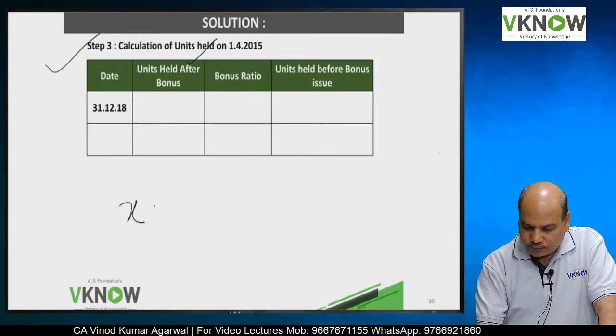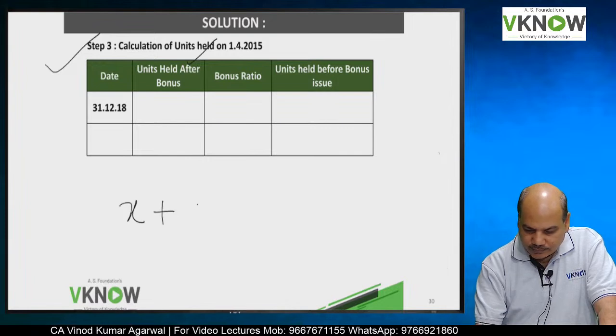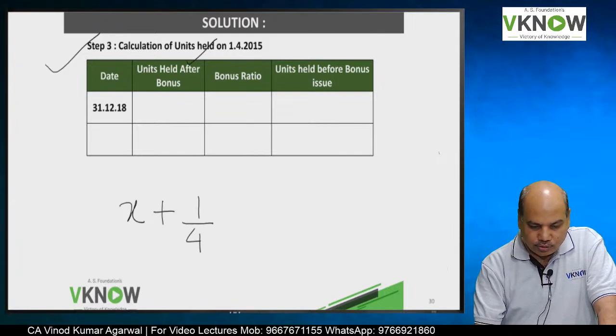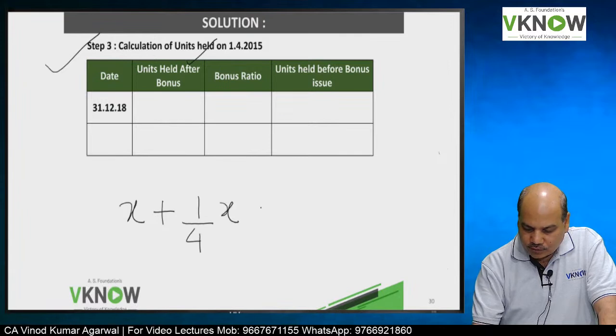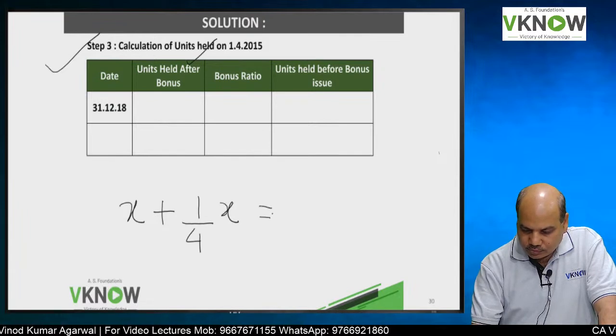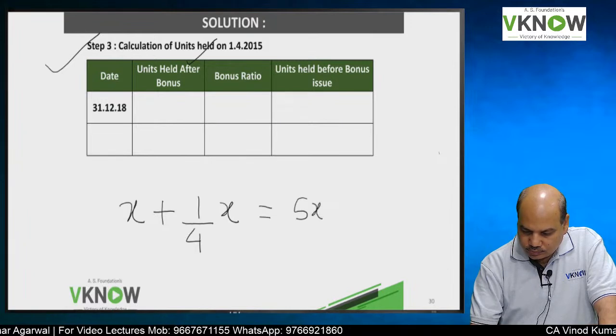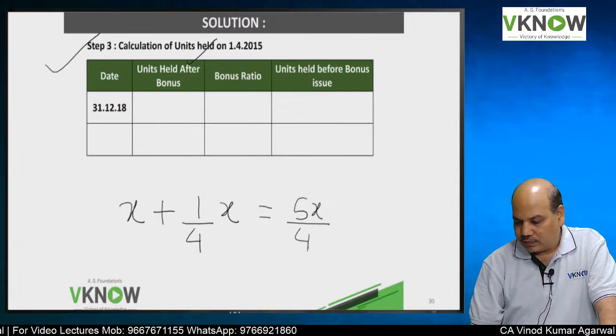So suppose before bonus it is X and the ratio is 1/4 of X. So that is equal to 5x by 4.